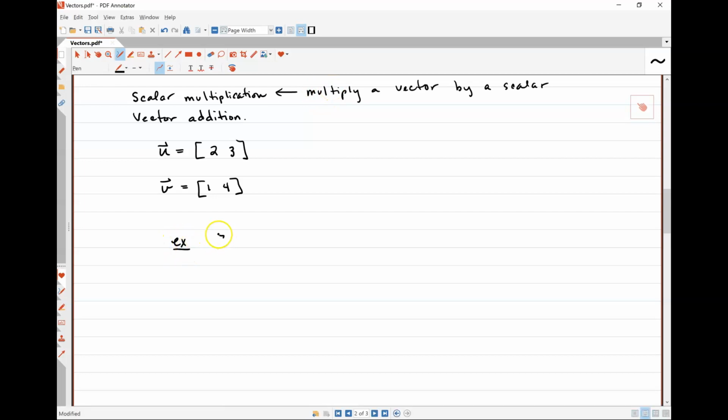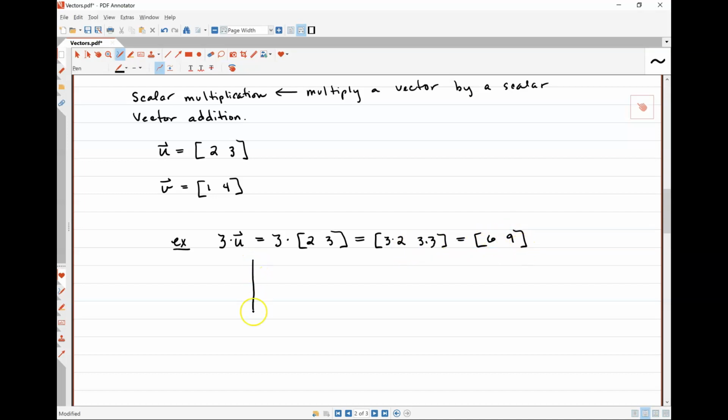If I wanted to multiply the vector u by a scalar, remember a scalar is just a number, what I would do is take the entries in my vector and just multiply each one of those by the scalar that's out front. So the resulting vector would be 3 times 2 and then 3 times 3. So the new coordinates would be 6 and 9.